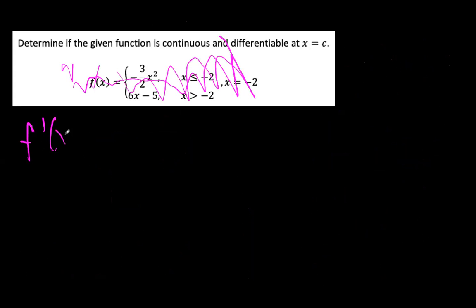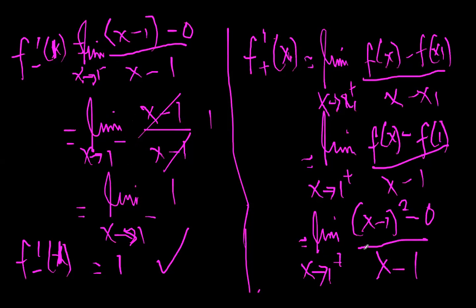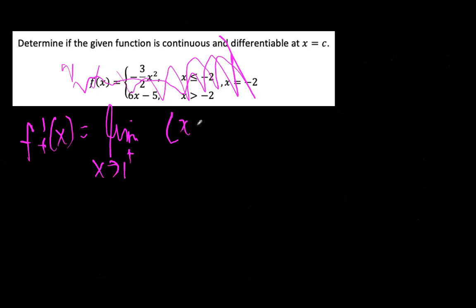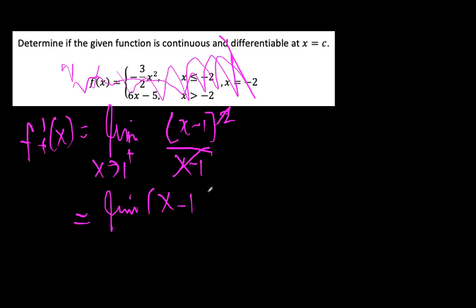Okay, so let's simplify. Oh, we don't have space. All right, so don't mind this yet. So we have f prime of x from the right is equal to the limit as x approaches 1 from the right. There we go. So that's x minus 1 squared over x minus 1. So we can simplify this, and the limit of x minus 1 as x approaches 1 from the right becomes 1 minus 1, which is equal to 0.